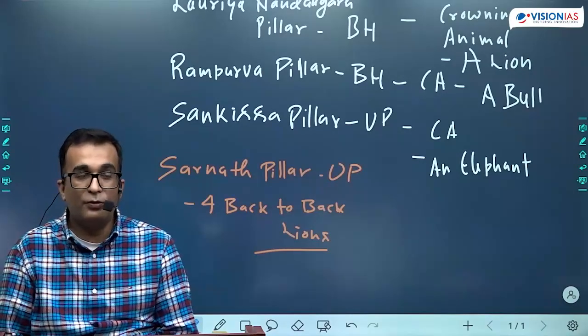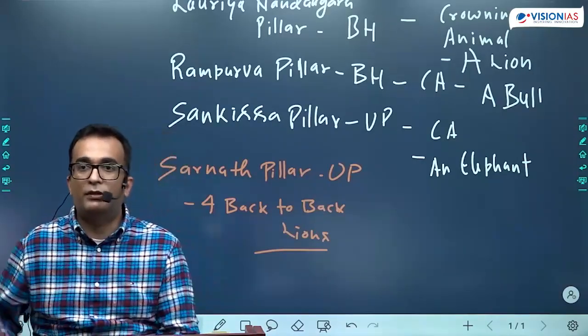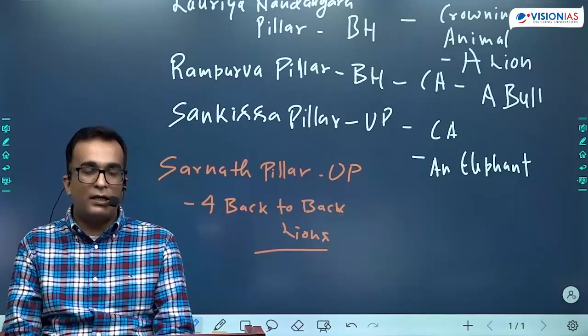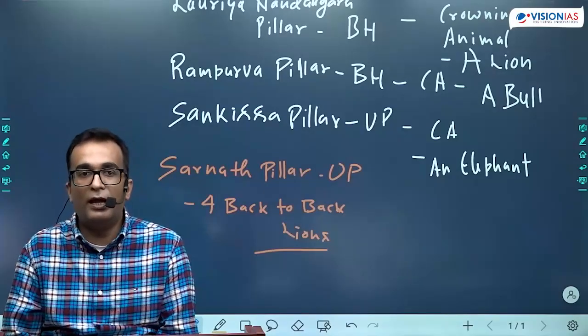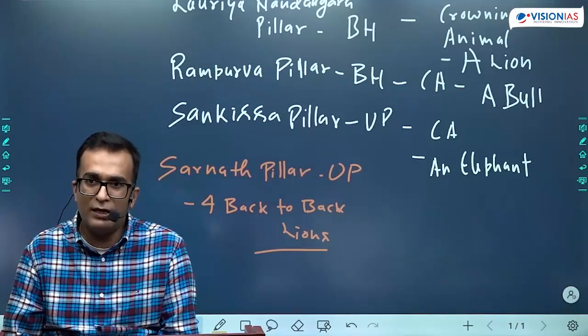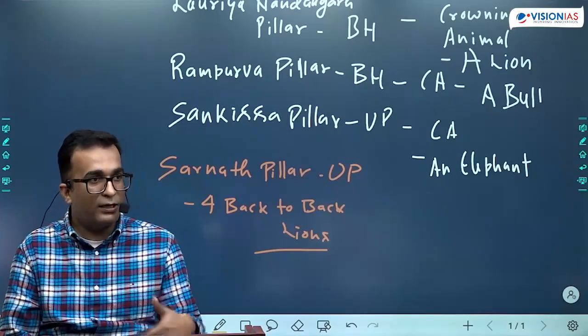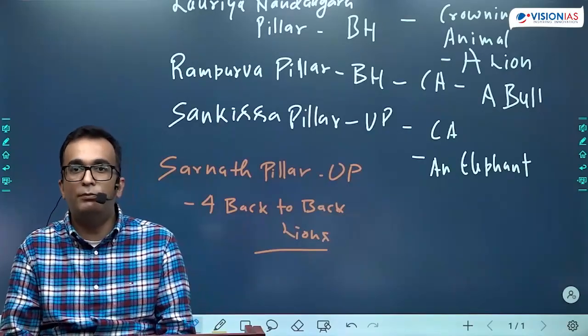This is indicative of the Shakya clan of the Buddha, first of all. So lion is indicative of the Sakya clan of the Buddha. We'll talk about it later also. And at the same time, as you said, it is indicative of kingship. Sakya clan itself was a ruling class of India. So kingship.